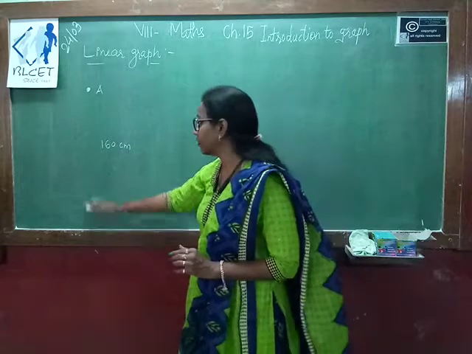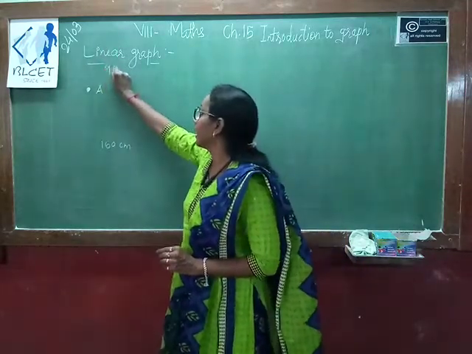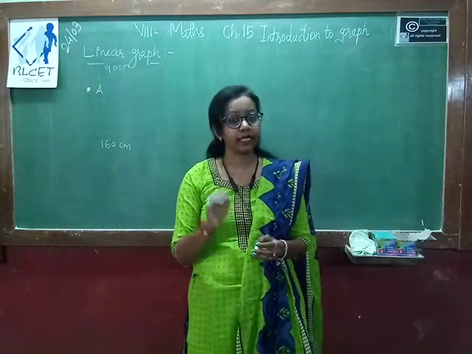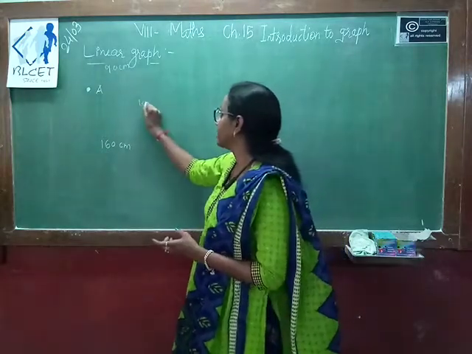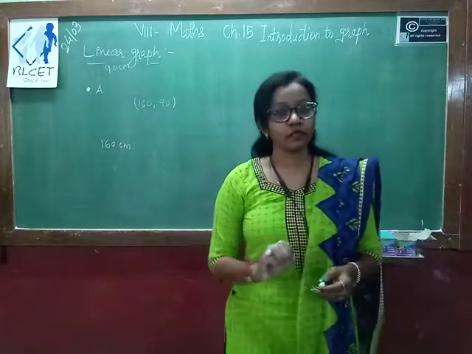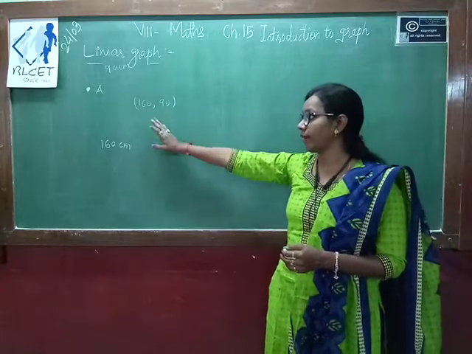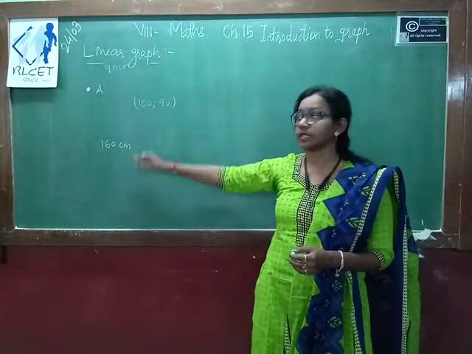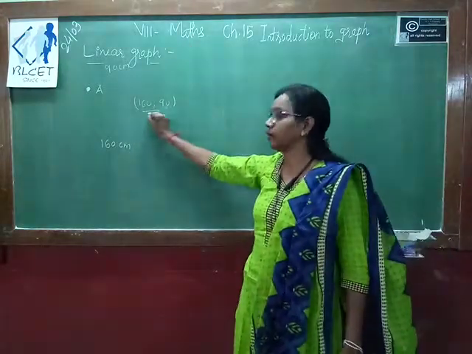From the bottom it is 160 centimeters away, and from the top suppose it is 90 centimeters away from the edge. So I can get the exact location of this point, that is 160, 90. So the correct way to locate this point is to measure the distance from the bottom and the distance from the upper part.